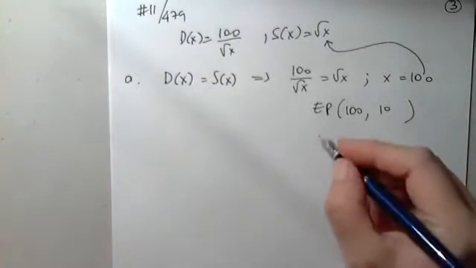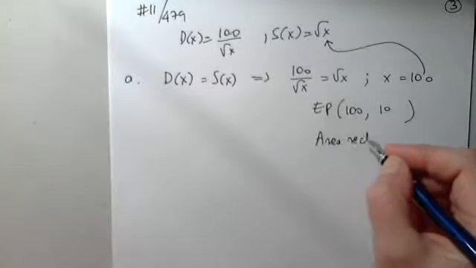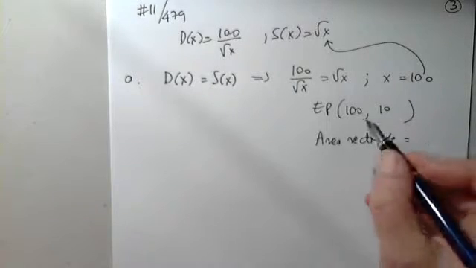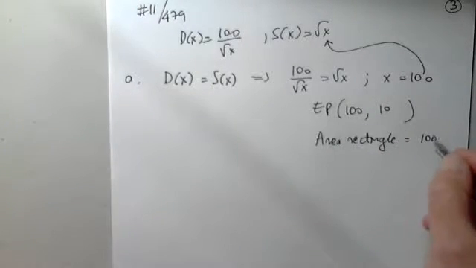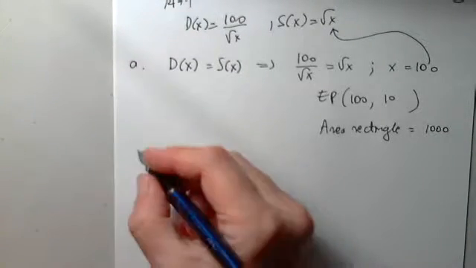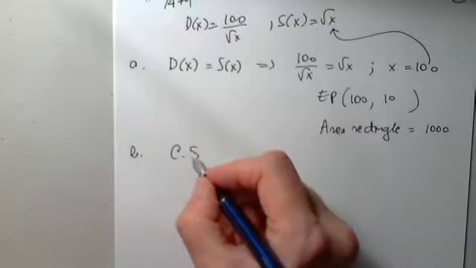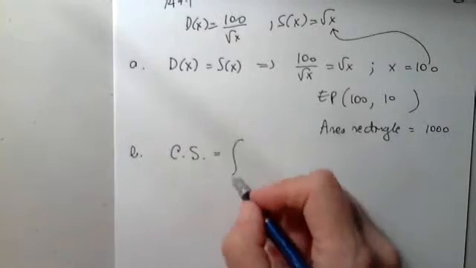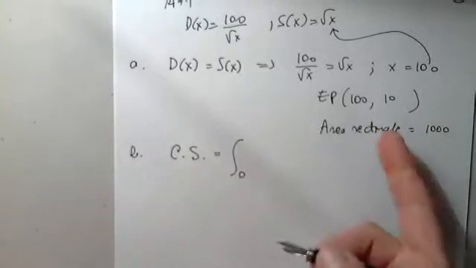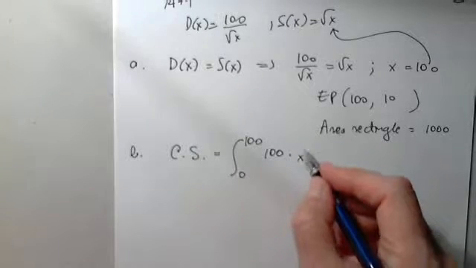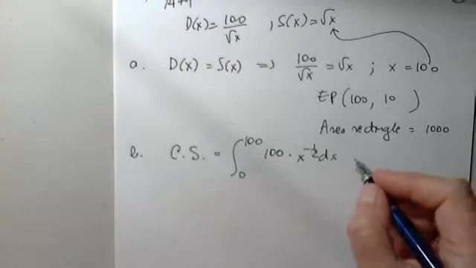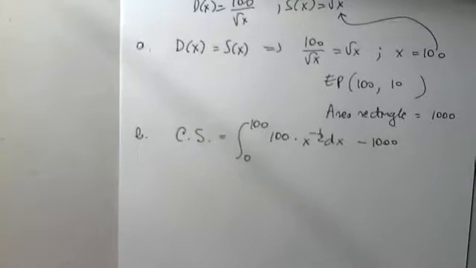So the area of the rectangle is x times y of the equilibrium point, so it's 1,000. So in part B, the consumer surplus, as we know, is the area under d of x from 0 to 100, the integral from 0 to 100 of 100 times x to the negative 1/2 dx, minus 1,000.